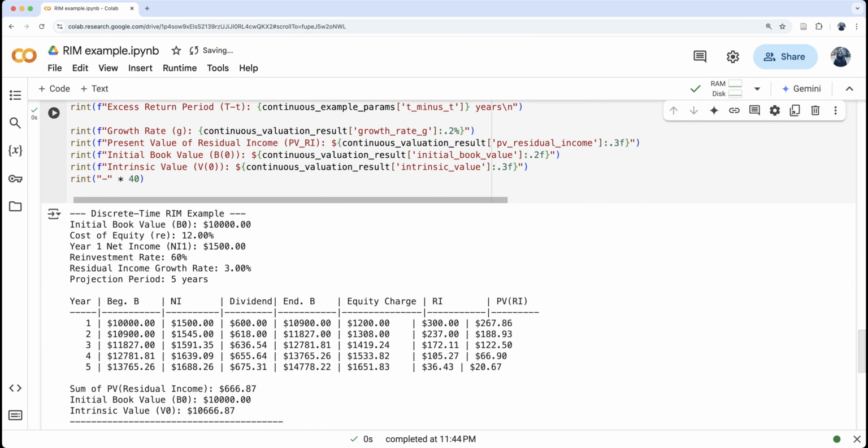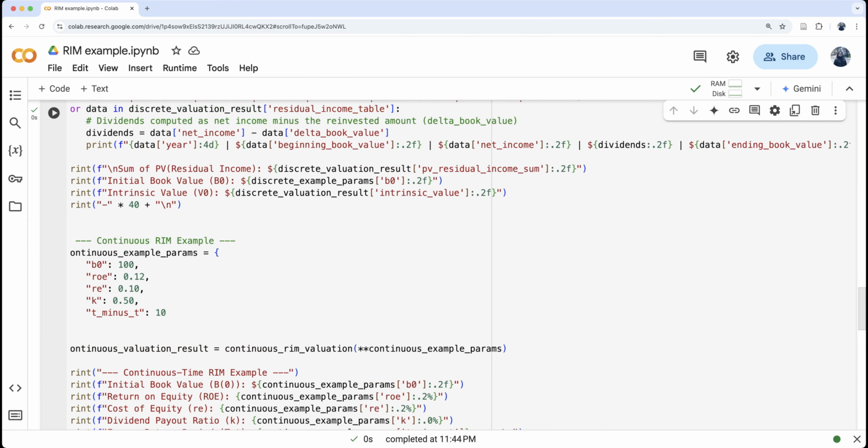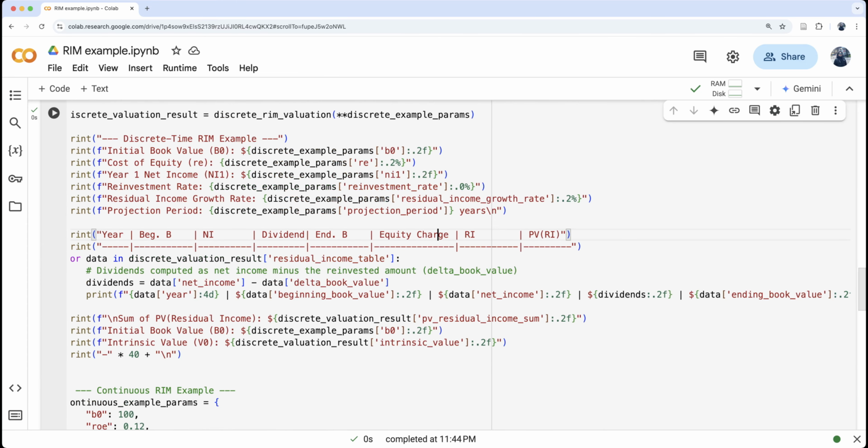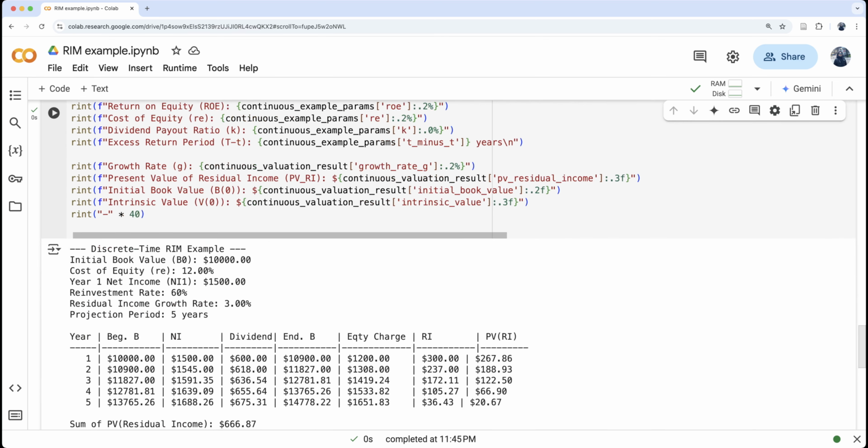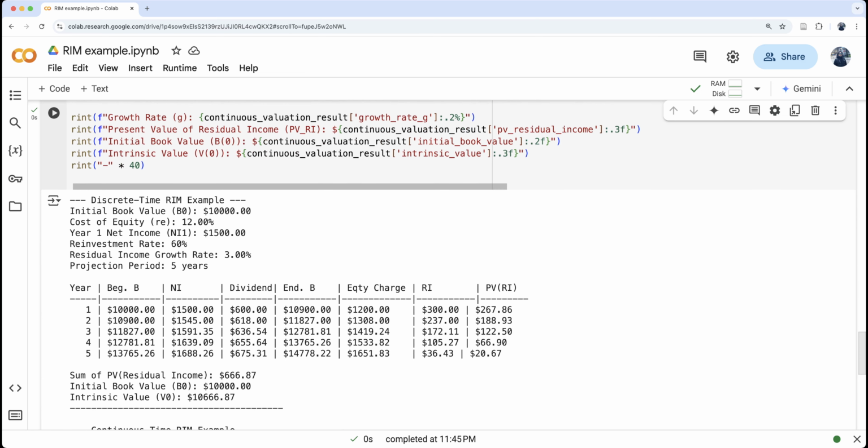Now the equity charge part. Okay, now it is correct.